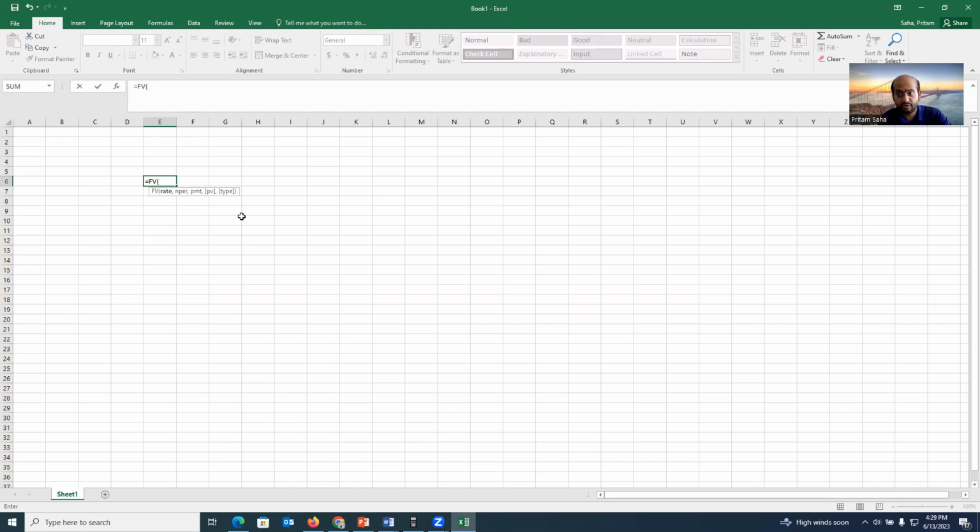Rate means periodic interest rate, 8%, 0.08. Don't type 8. Nper is the number of periods, N or T, total number of periods, 15. Payment, 0. Present value, 500. You can use a negative here.